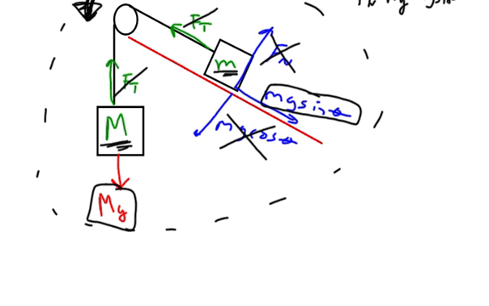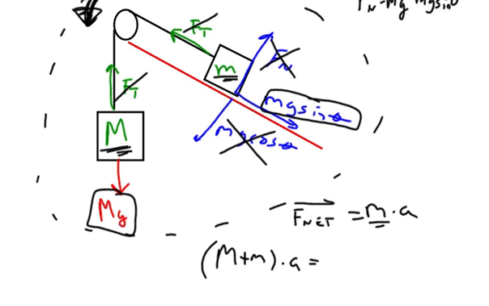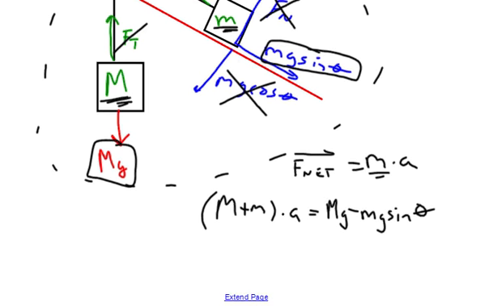The mass of the whole system, so net force is mass times acceleration, where the mass that we're talking about is big M plus little m times the acceleration of the system equals the net force, that net force being big Mg minus little mg sine theta. And so very easily then we can just solve for acceleration.